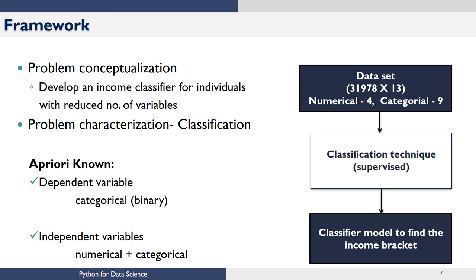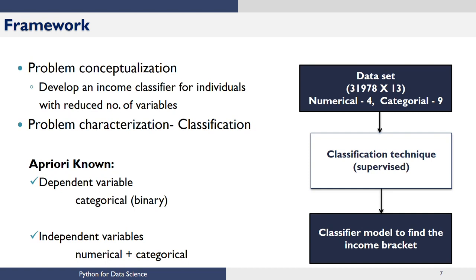So, again we had the data set of 13 columns. One of them is an outcome variable, the other 12 are independent or input variables from our viewpoint, and of those 13, 4 are numerical and 9 are categorical. And this is a classification problem. In fact, this is a binary classification problem, and this is also a supervised classification problem, because in the data set that we are going to use to build the classification model, for every data sample we know the outcome variable value.